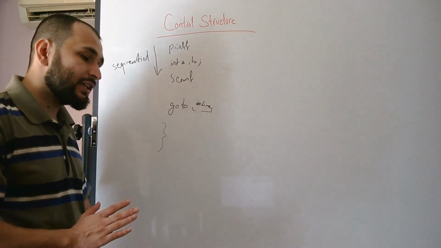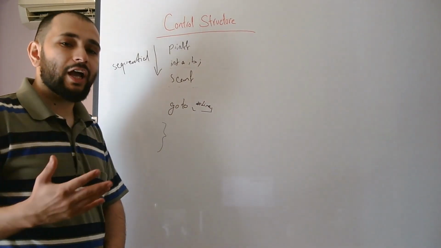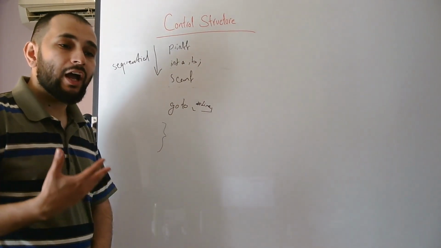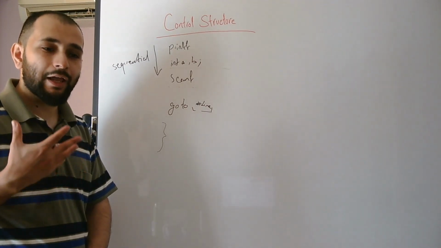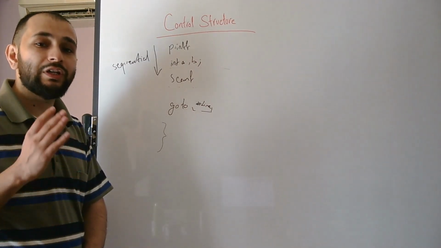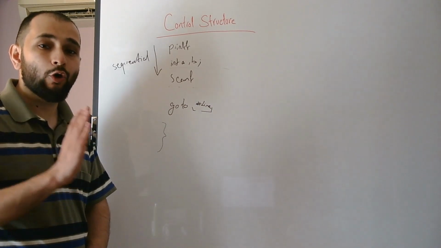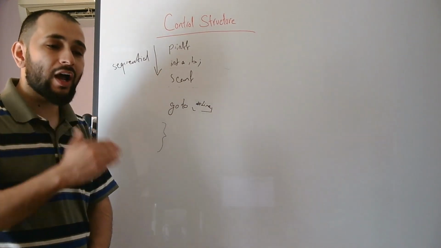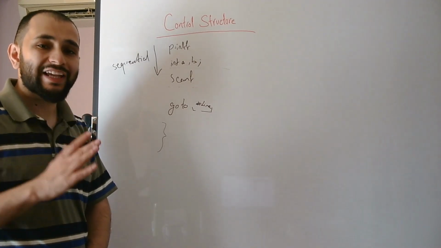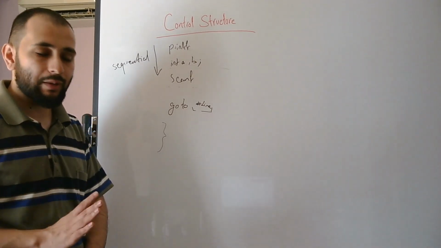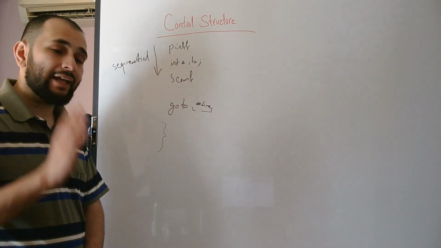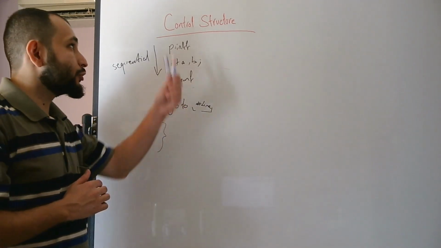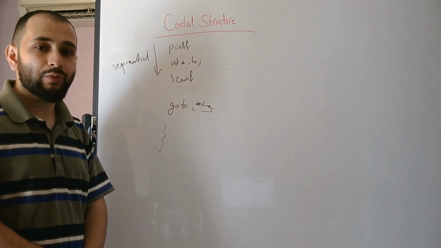For that reason, after some research, programmers and researchers came to the conclusion that we need to move towards a go-to-less programming approach. They would try as much as possible to not have go-to statements in their programs, and that led to what we call the control structures in our programs nowadays.